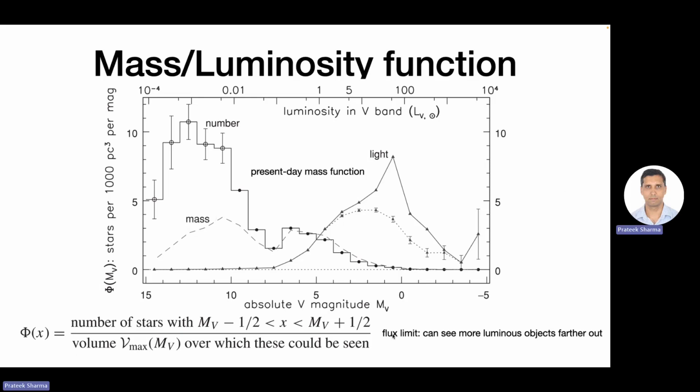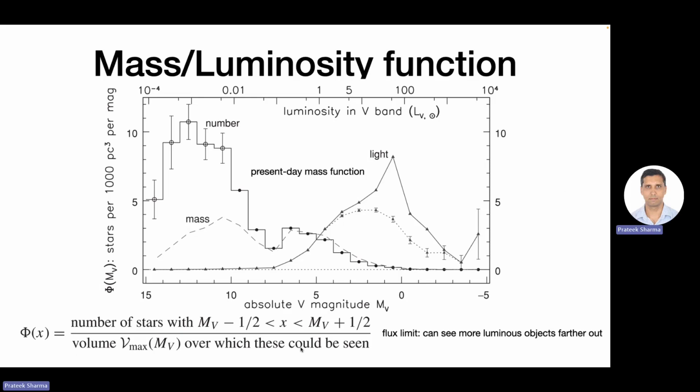Okay. There's another thing, that here you are normalizing it with the denominator, right? If you have dimmer stars, less luminous stars, you can only see them out to a lesser distance, right? A very bright star, you can see much farther out. So you have to divide this by the maximum volume over which you can see some population of these stars.